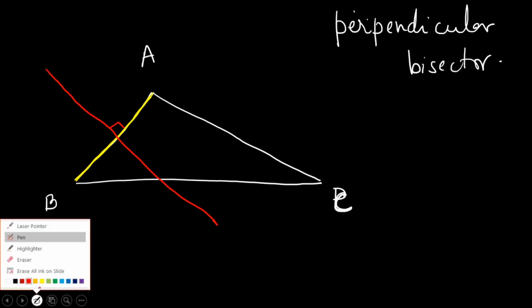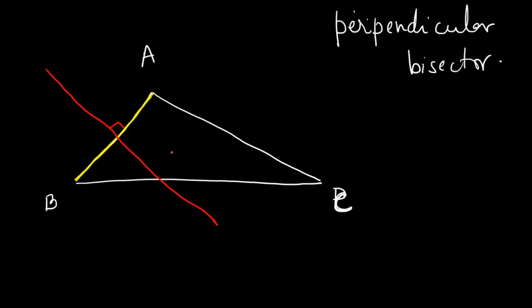Let's do the same thing for another side. So maybe like this. Okay, so once again this is a perpendicular bisector, this time of side AC.